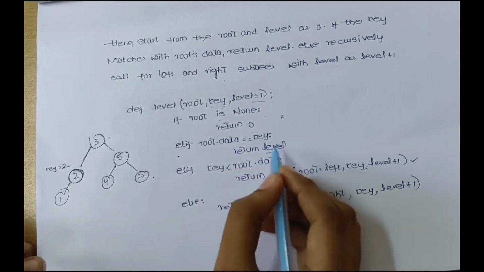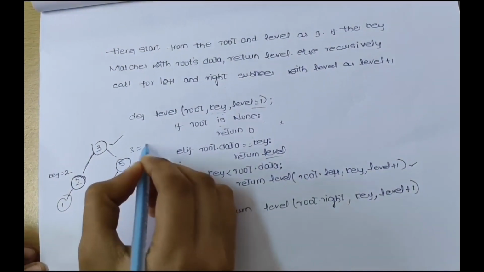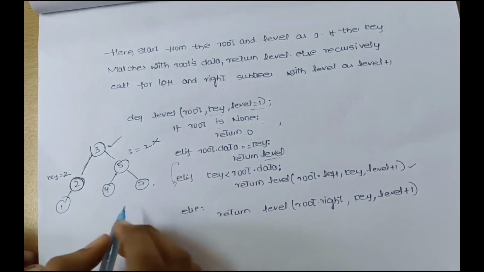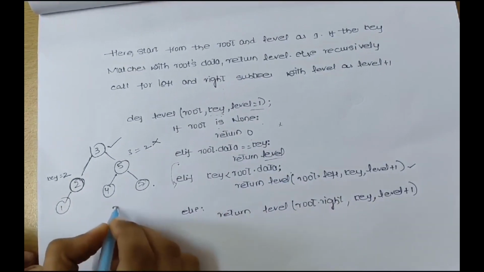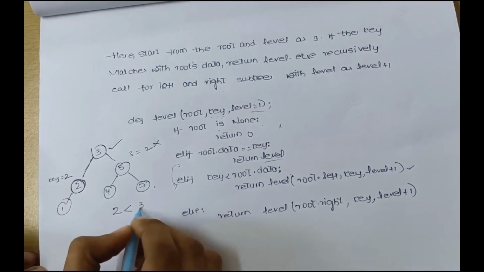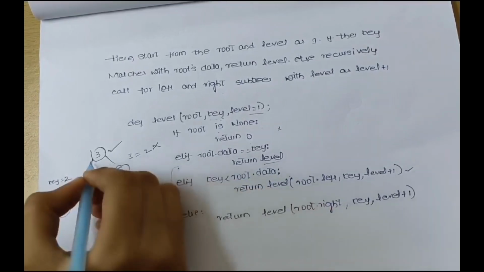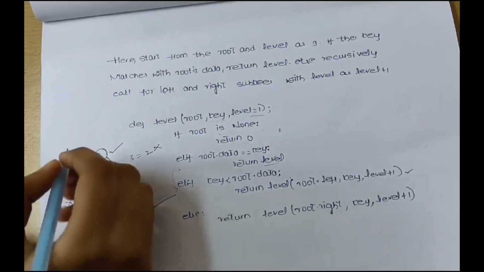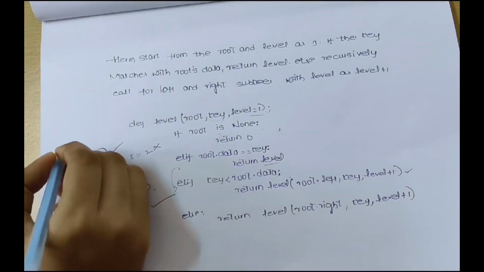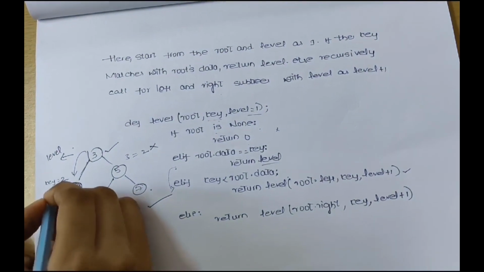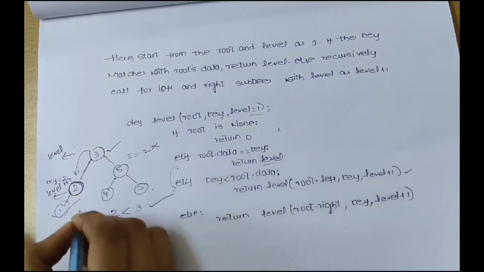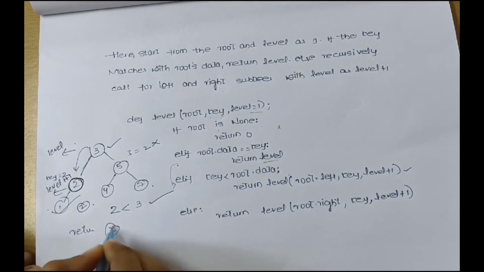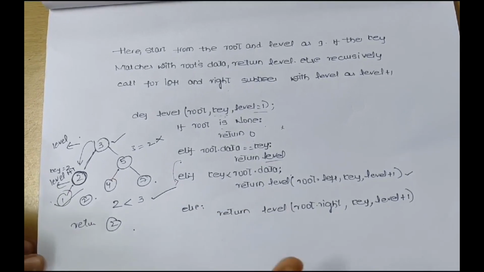Root.data equals 3 equals 2, the condition is false and it comes to the next. If key is less than root.data, 2 is less than 3, the condition is true, it goes to the left subtree and finds the level and increments the level. So 1 plus 1, the level becomes 2 and it returns 2. So this is the sample code.